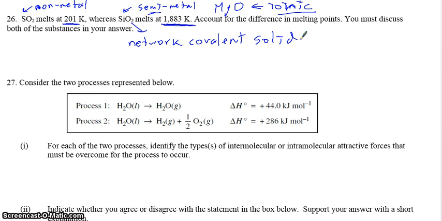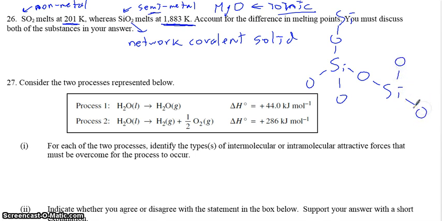Essentially, silicon dioxide, which is glass by the way, forms huge networks of covalent bonds, with silicon and oxygen bonded covalently all throughout. So you have a humongous macromolecule with very strong covalent bonds, and that's what you're breaking, which is why the temperature is so high.